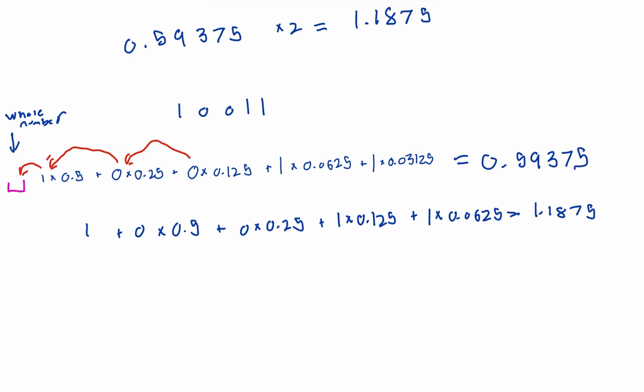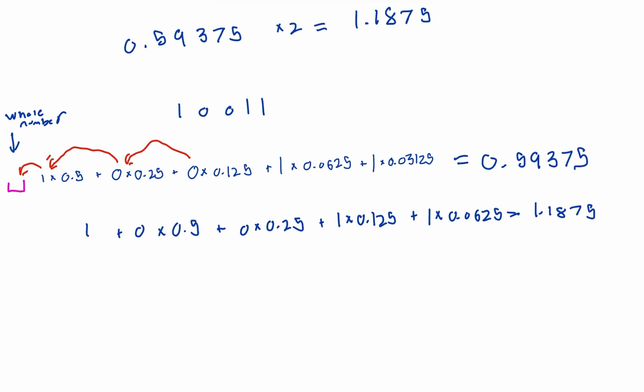So basically, since everything to the right cannot surpass 1, the only time we have a number greater than 1, or a number with a 1 to the left of the decimal point, is if one of the bits jumped into this whole number position to bring the value above 1.